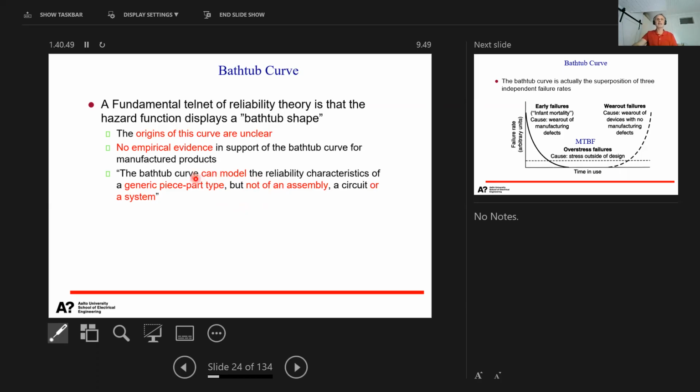But anyway, the point is that this is a model which describes a large number of components or whatever parts and their average behavior. It is not for a single component or single assembly or single system, but on average, a large number of those.